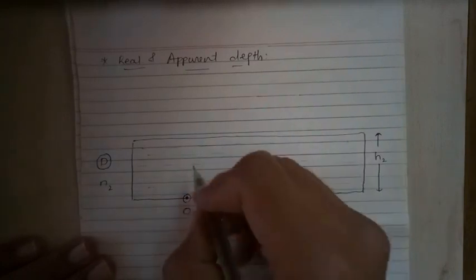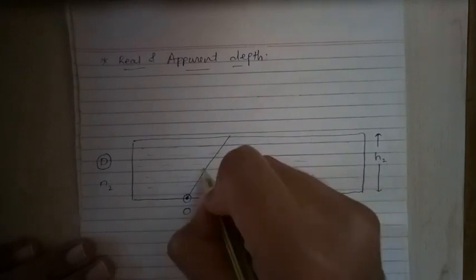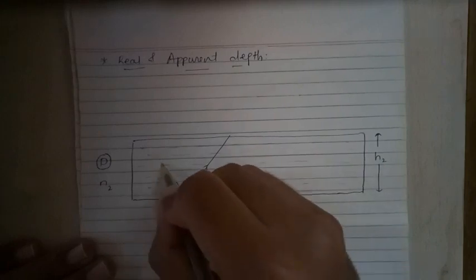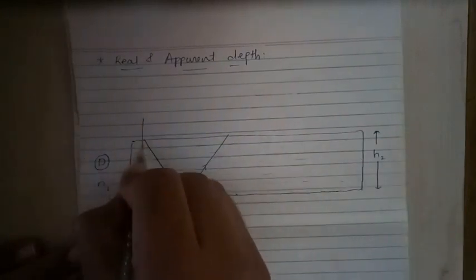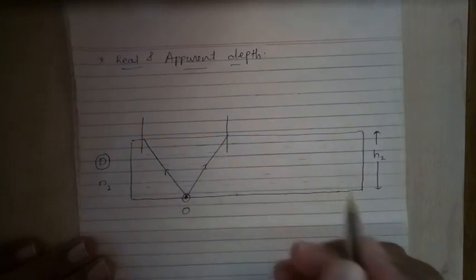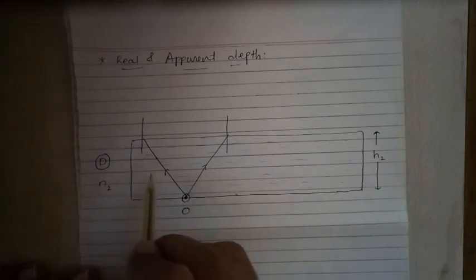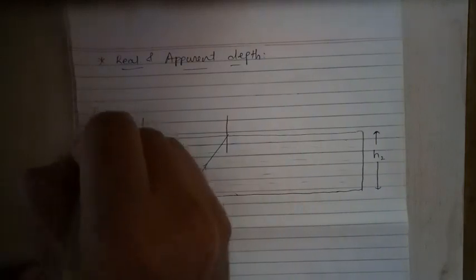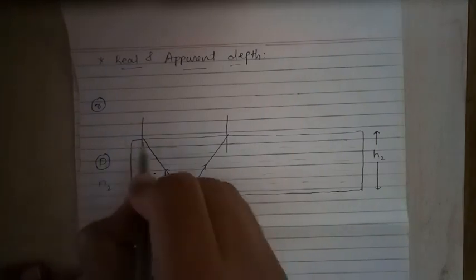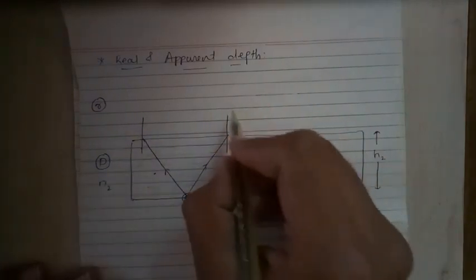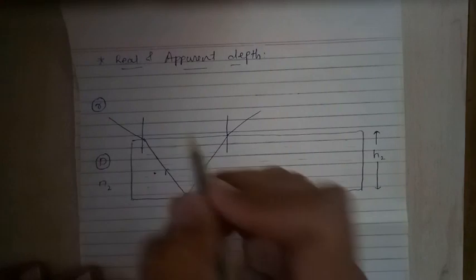Now here these are the two rays. This is our first ray, this is our second ray, right? Okay, now this is the normal. Now we already know when a ray enters from a denser to a rarer medium, this ray bends away from the normal. So this ray bends away from the normal like this, right?